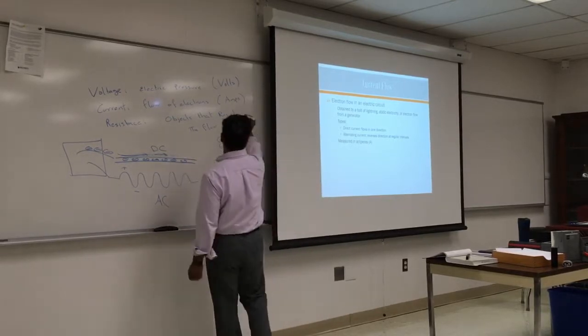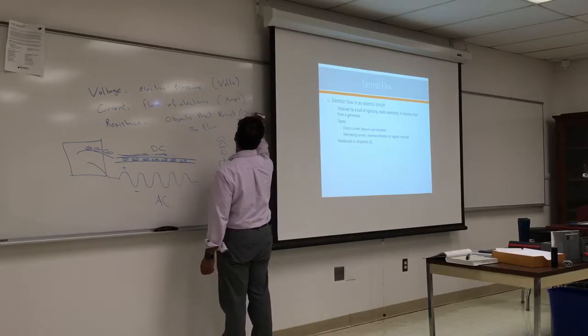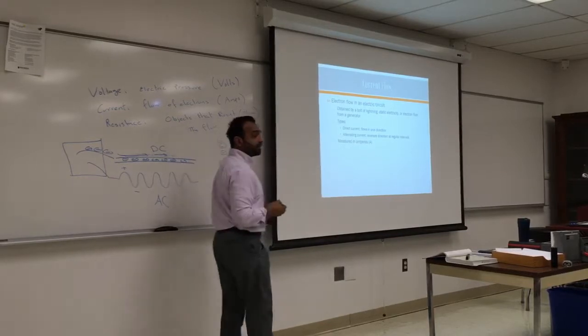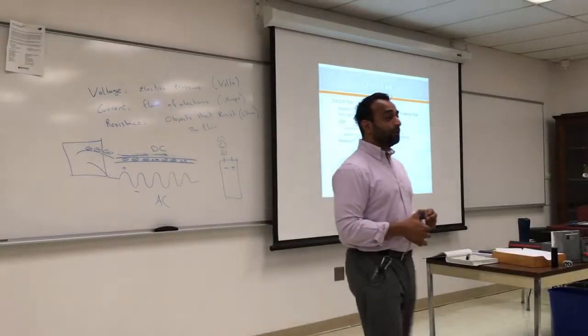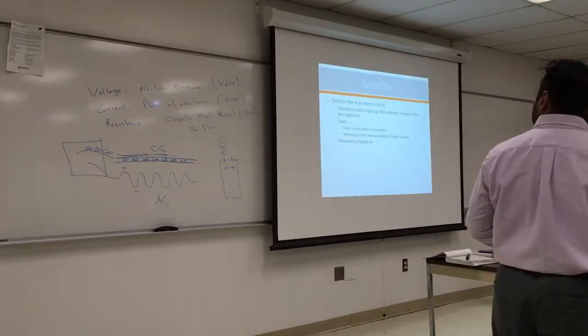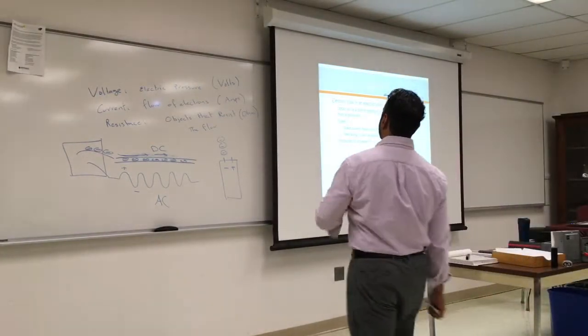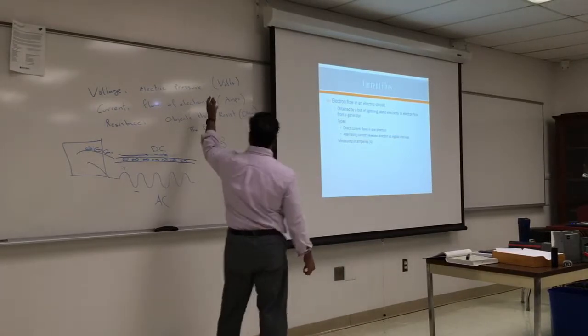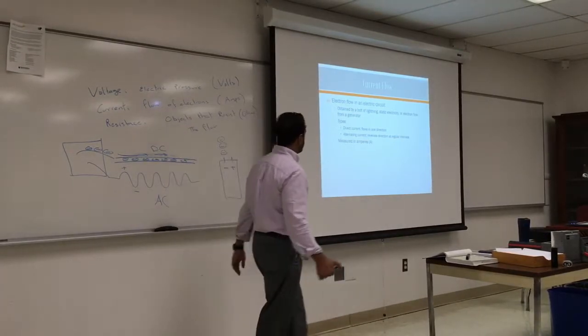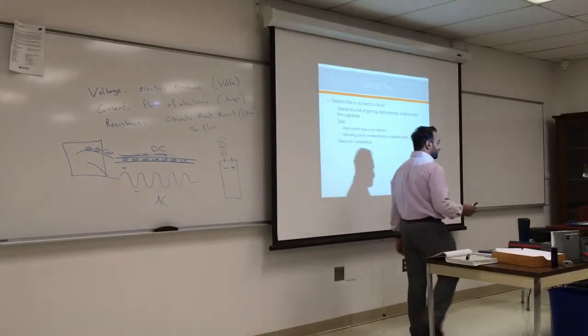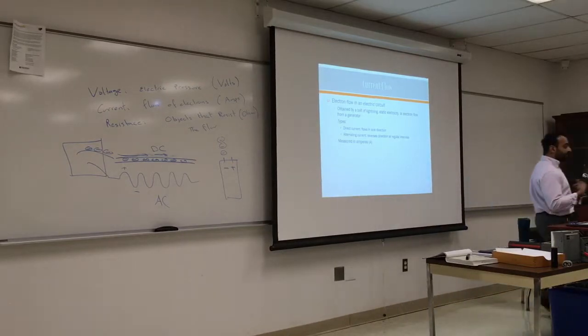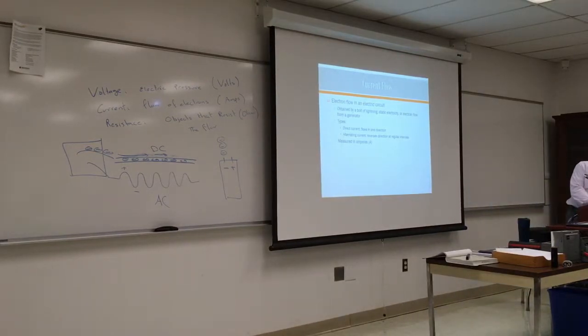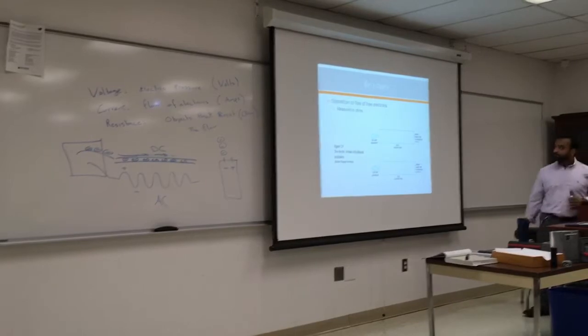And resistance is ohm. Again, another scientist whose law we're going to talk about a lot, Ohm's law. So these are the major units of our three components: volts, amps, and ohms. Write these down, but again, we're going to talk about this more and more later.